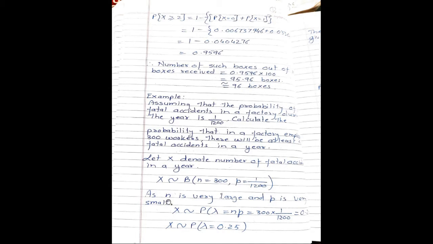As N is very large and P is very small, X will follow Poisson distribution with lambda is equal to NP, which is equal to 300 into 1 upon 1200. So the answer is 0.25. So X follows Poisson distribution with lambda is equal to 0.25.